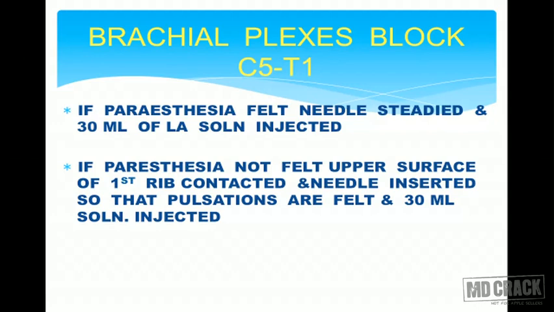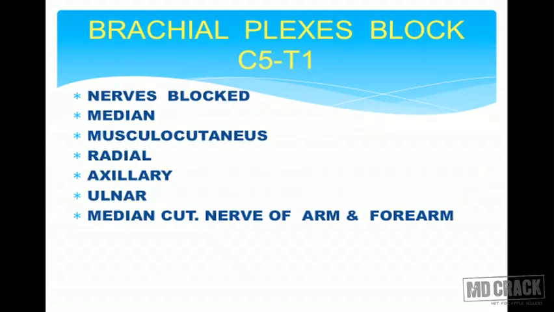Then the needle is inserted on the rib. You start walking the needle on the rib. At a particular point, paresthesia will be felt in the upper limb. Whenever that tingling and numbness sensation is felt, you inject the 30 ml solution at that site and the upper limb is anesthetized completely by the supraclavicular approach.